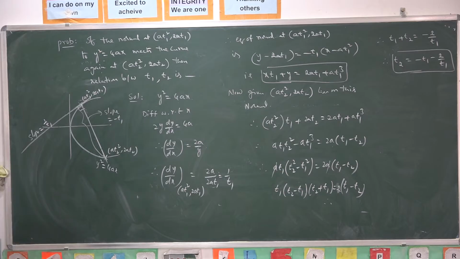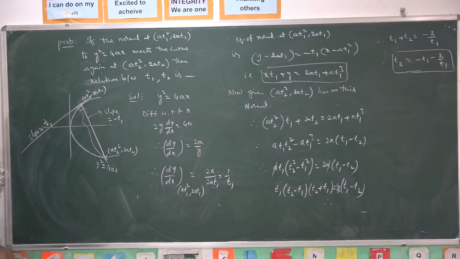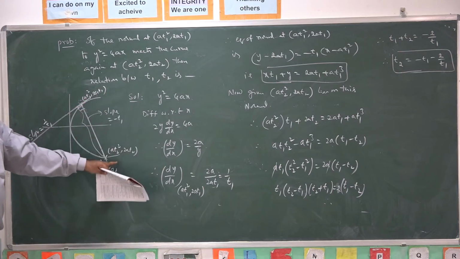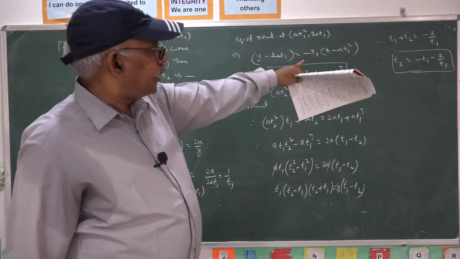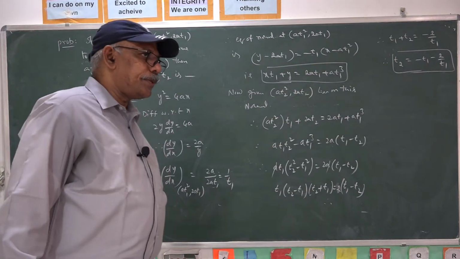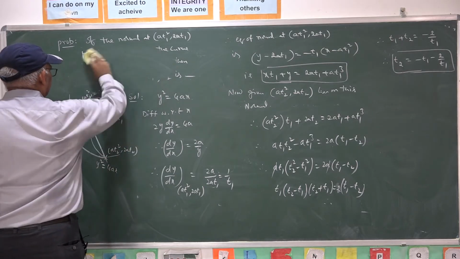That is one more important result related to the parabola. Once the normal drawn at t1 meets the parabola again at t2, the relation between t1 and t2 is t2 equal to minus t1 minus 2 by t1, where the parabola is y square equal to 4ax.